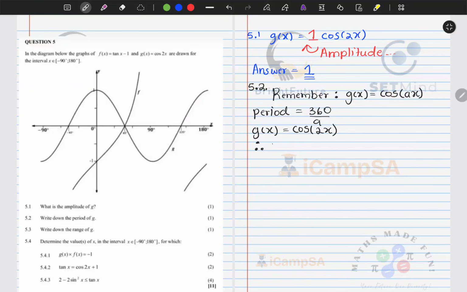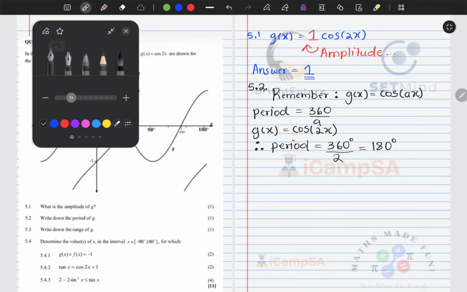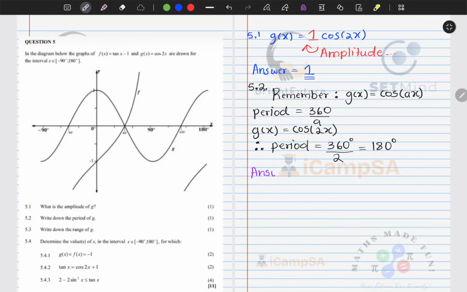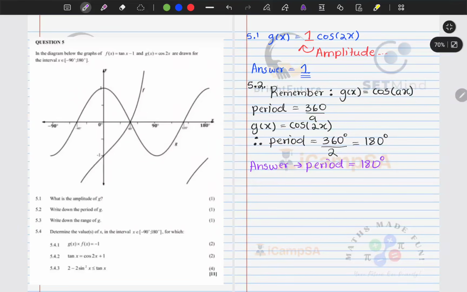So therefore, we can go and look at our period, which will be 360 for cos and sine, divided by whatever number that is multiplying x, which ends up being 180 degrees. So here, we can therefore write our answer, which is that our period is 180 degrees. Okay, that is what we have.